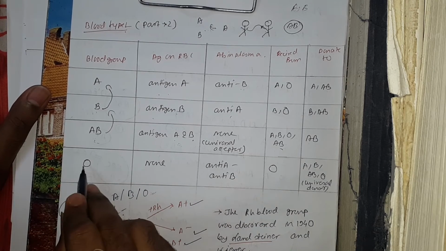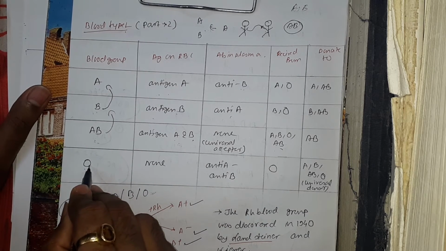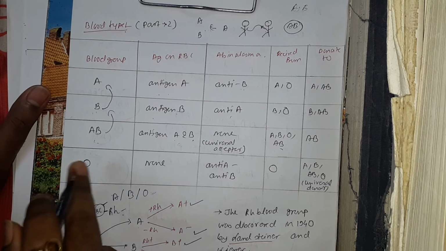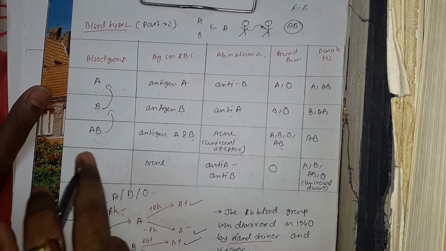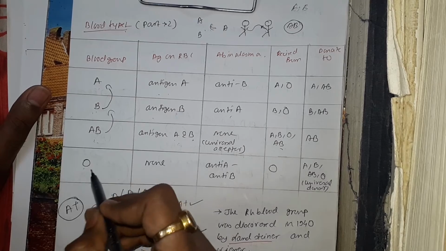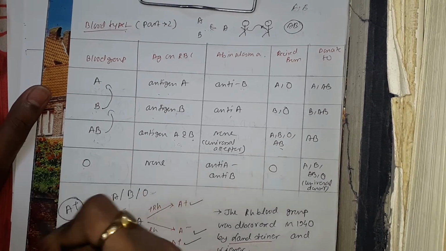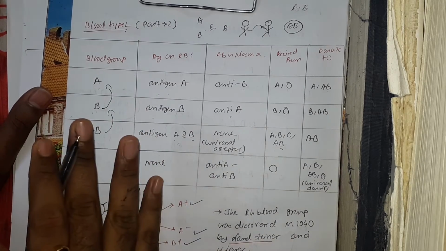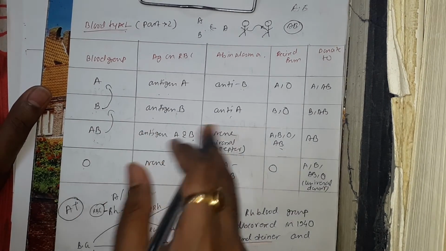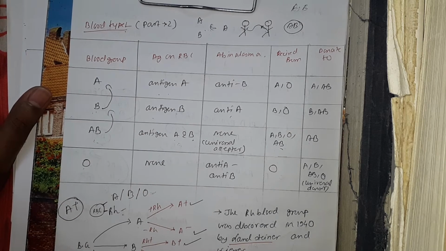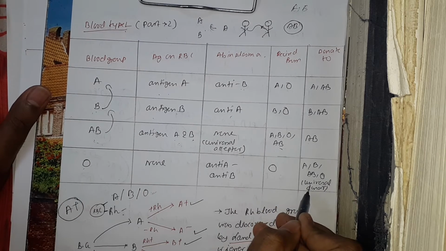Now we all know that in case of O blood group, there is no antigen present on their surface, right? But both anti-A and anti-B are present. That means they have the ability to donate to everyone, as they have no antigen on their RBC. When they are injected into a foreign body, they have no antigen, so they do not stimulate the host's antibodies against them, and that is the reason why they are called universal donors.